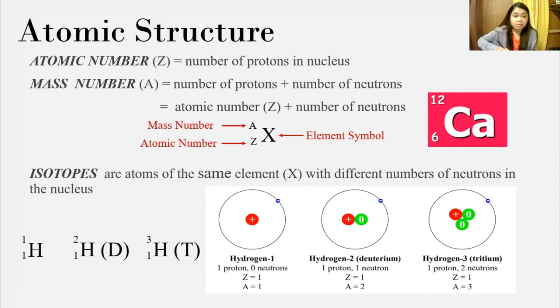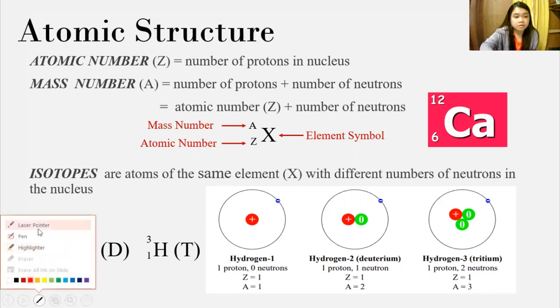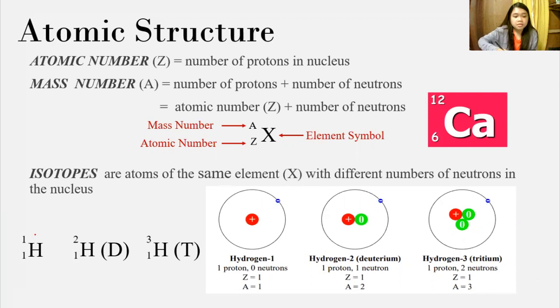This one here is pure hydrogen. This one here is hydrogen as well. This one has a different mass number, and it is termed deuterium. This is another isotope of hydrogen.